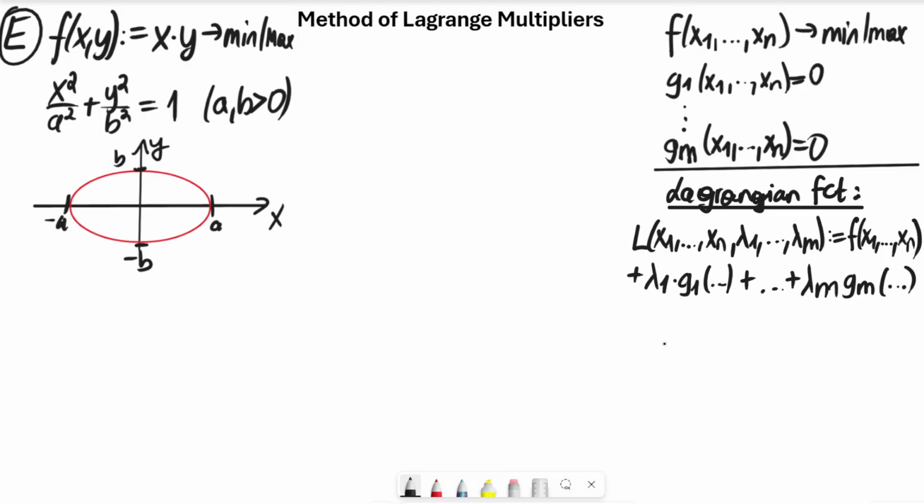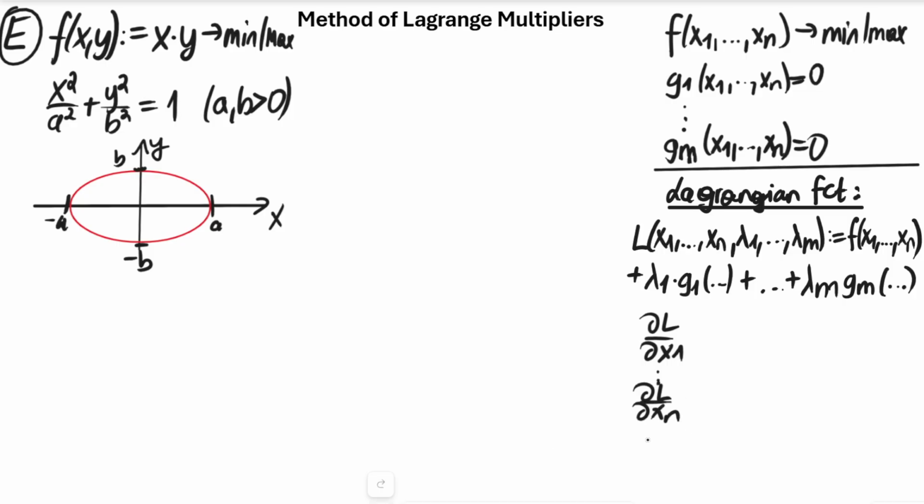So the general theory says compute the partial derivatives of this Lagrangian with respect to all the variables, starting from x1 down to xn.